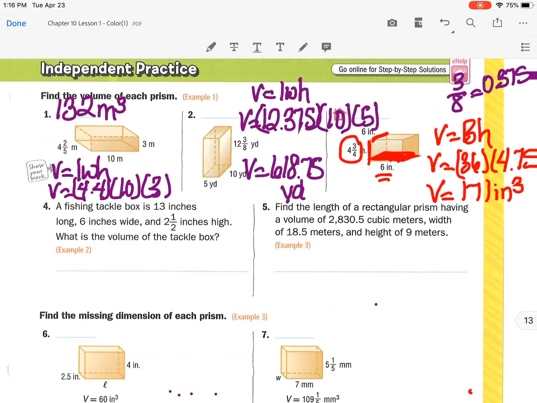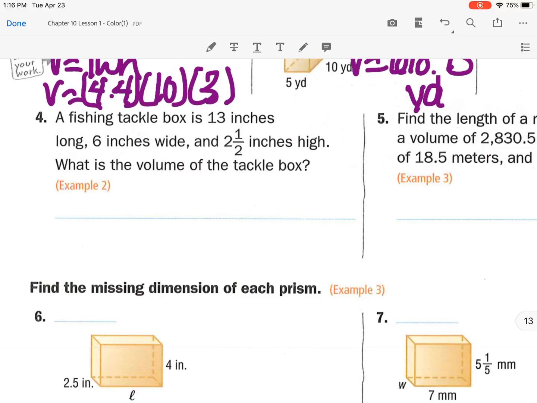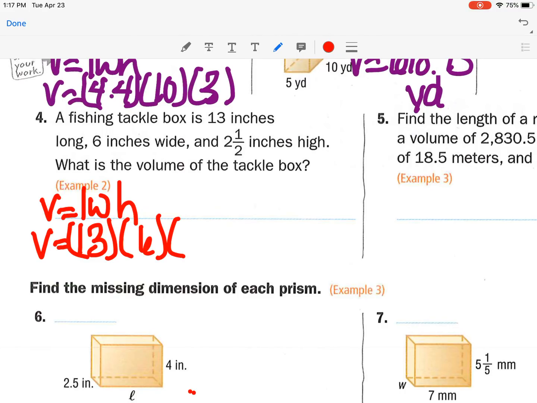All right, let's take a look at number 4. Number 4 says a fishing tackle box is 13 inches long, 6 inches wide, and 2.5 inches high. What is the volume of this tackle box? So V equals length times width times height. V equals the length is 13 times the width, which is 6, times the height, which is 2.5.